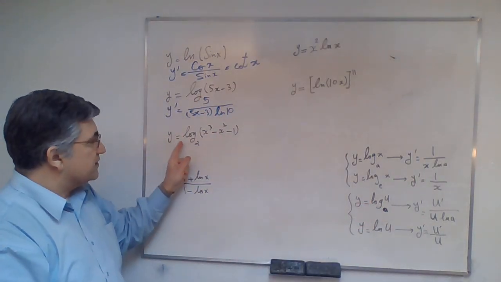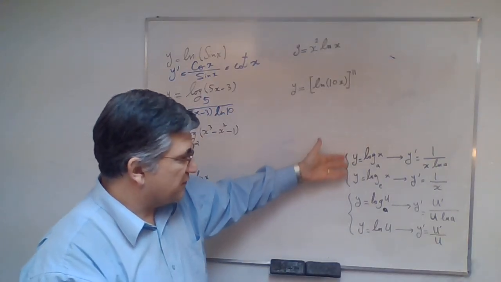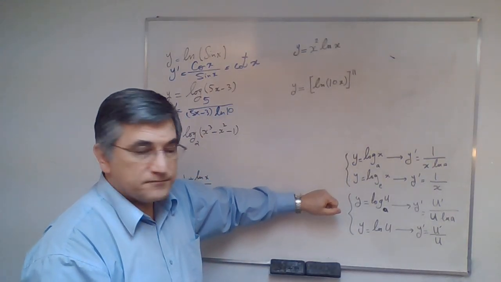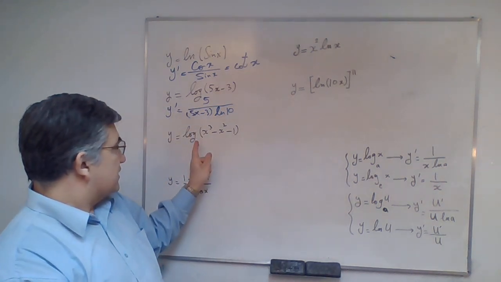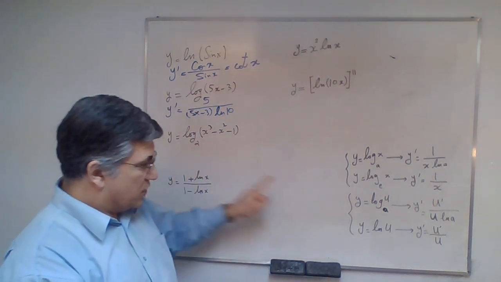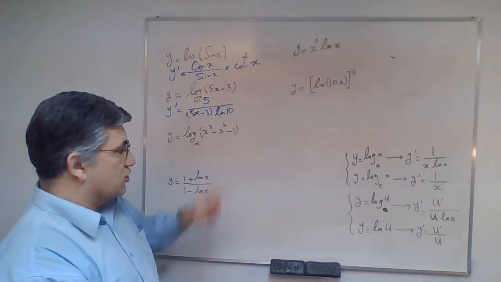Next one, it's log of a cubic function base 2. So which one should I use? Definitely not the first two, because those are just log of x and ln of x. This one is log of u, some function of x, and the base is 2. So I'm going to be using this third formula here. What plays the role of u is the cubic function.